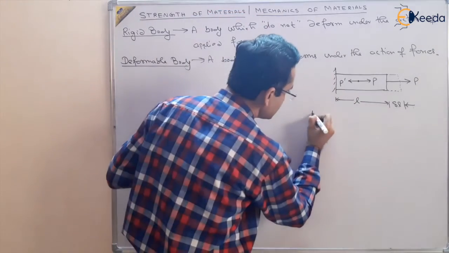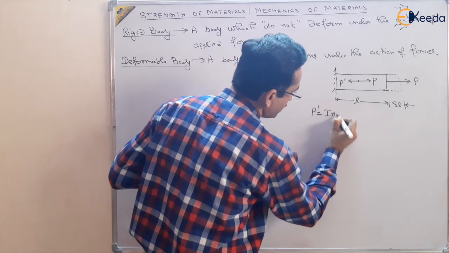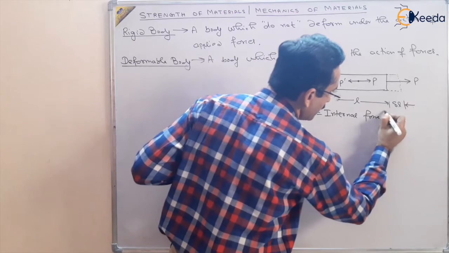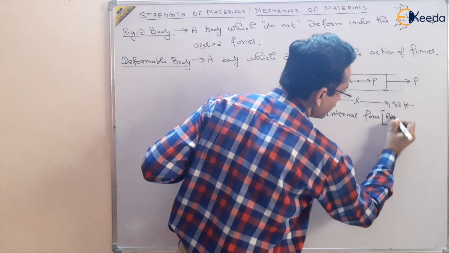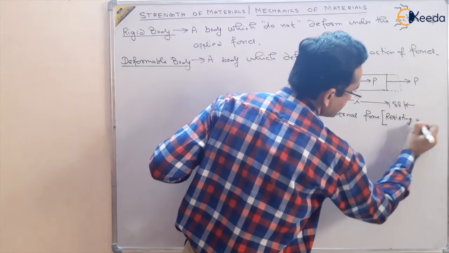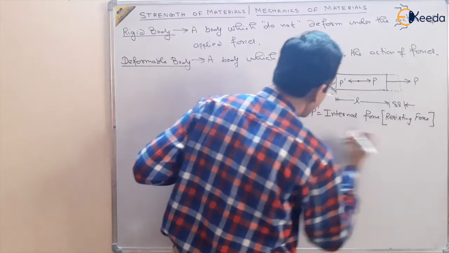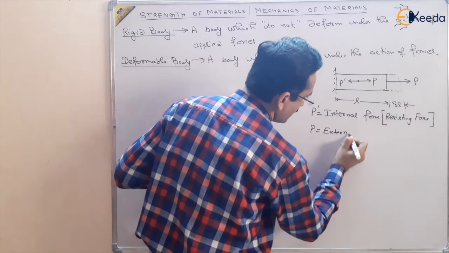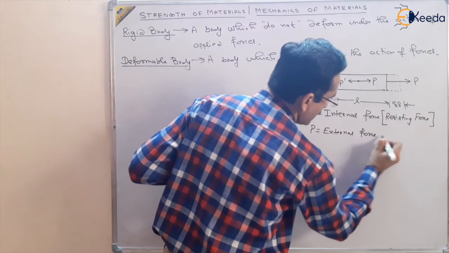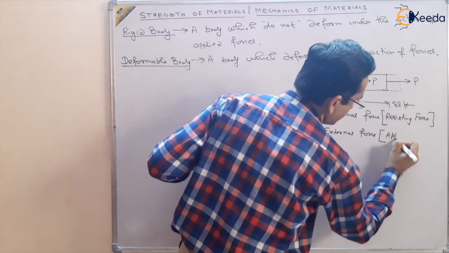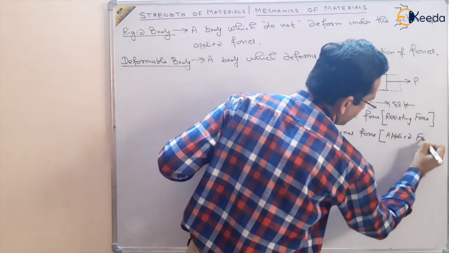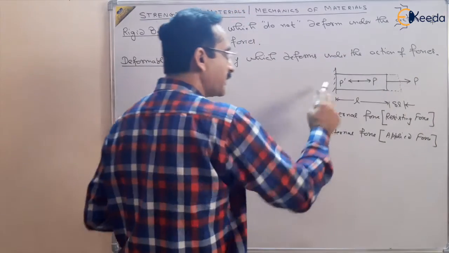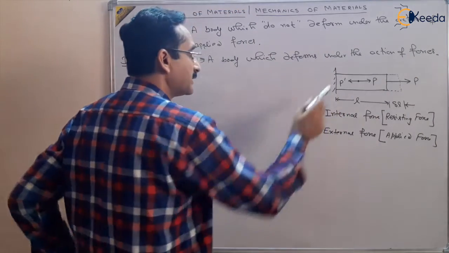P dash is the internal force, or this is also called resisting force, and P is the external force or applied force.